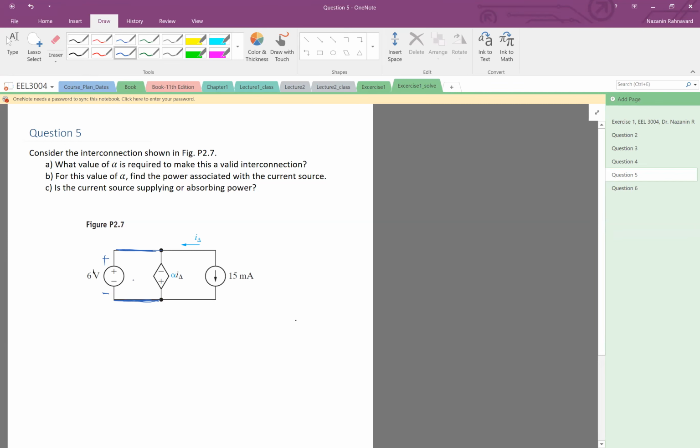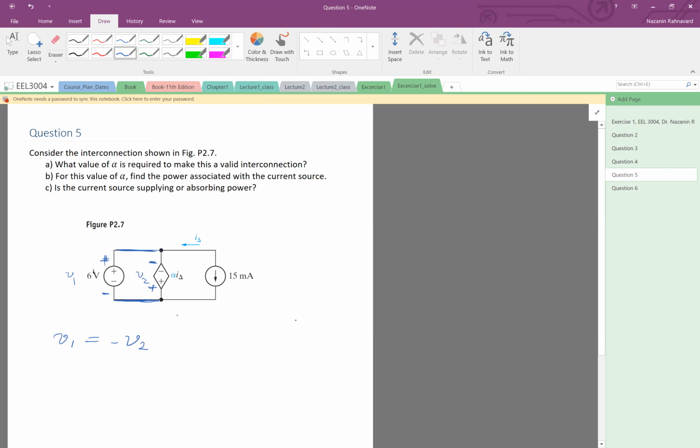So if I call this V1, and this V2 with the same direction that is shown here, and V1 is going that way, hopefully everybody agrees that because the reference polarities are different, V1 is negative of V2.